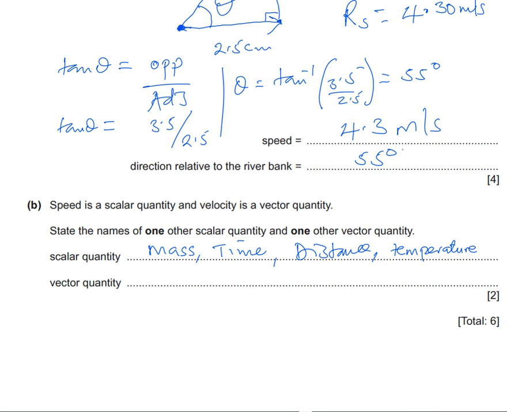Then we can also have vector quantities. These are the ones with both magnitude and direction. For example, we have acceleration. We have momentum.